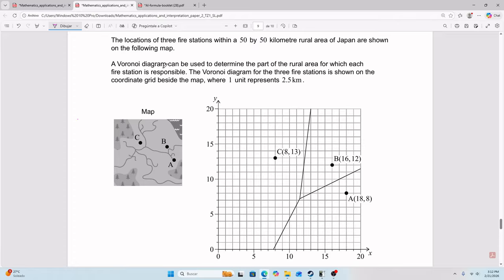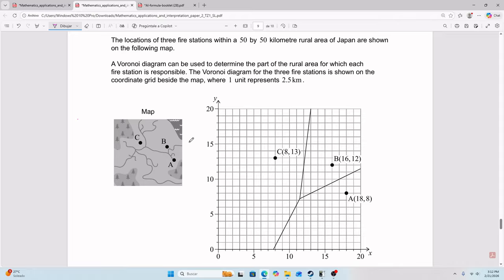They tell us that a Voronoi diagram can be used to determine the part of the rural area for which each fire station is responsible. The Voronoi diagram for the 3 fire stations is shown on the coordinate grid beside the map, where 1 unit represents 2.5 kilometers. Before we jump into parts A, B, C, D, let's first understand the Voronoi diagram, how it works, how it is born.